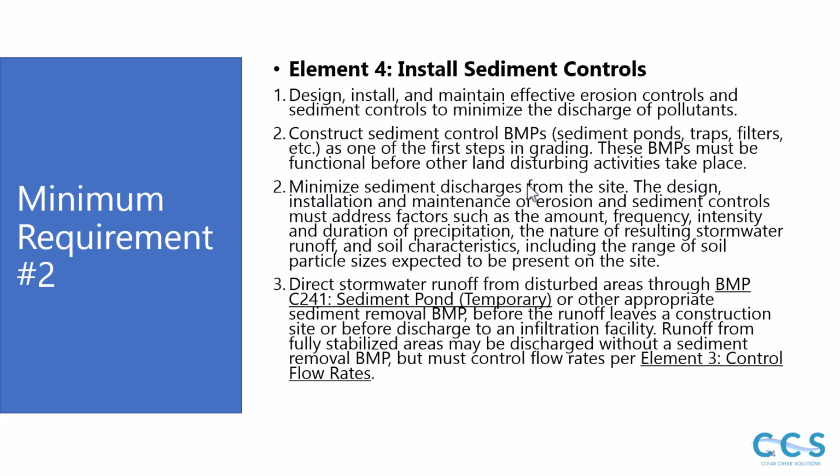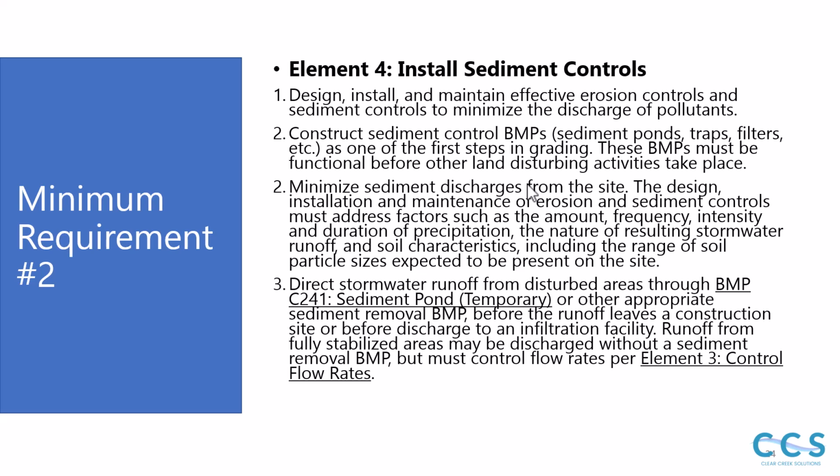For element 4, install sediment controls: design, install, and maintain effective erosion controls and sediment controls to minimize the discharge of pollutants. Construct sediment control BMPs, sediment ponds, traps, filters, as one of the first steps in grading. These BMPs must be functional before other land disturbing activities take place.